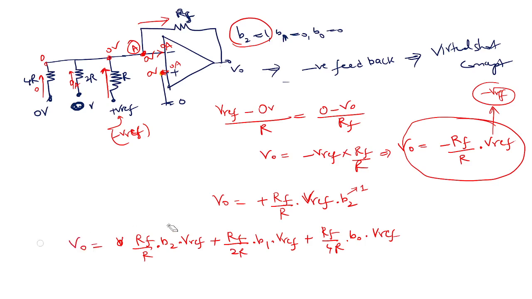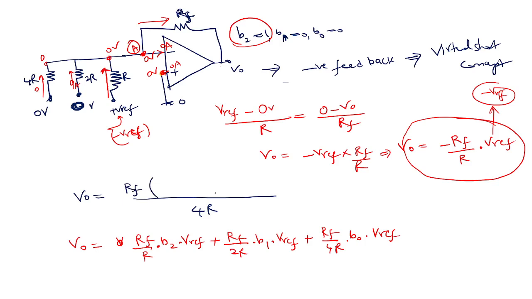Now if I put everything together, in the denominator, there is 4R common and Rf also comes out, correct? So 4R, right? This is 4 times B2 plus 2 times B1 plus 1 time B0, into V reference, right?